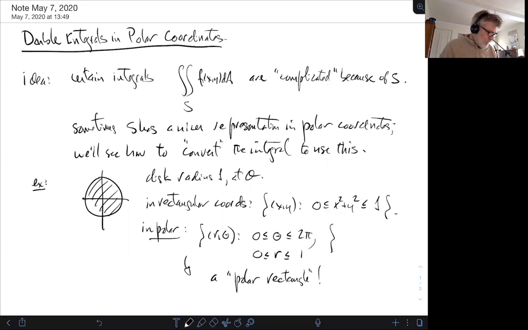Okay, so here's another one. Let's say I take the following region. S is the set, this is in rectangular coordinates, the set of all xy such that x squared plus y squared is between 1 and 4, and y greater or equal to 0.